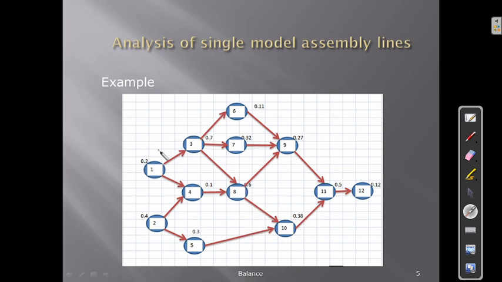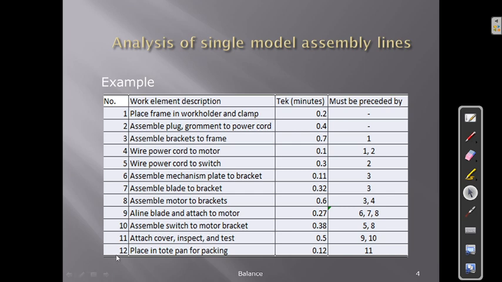Likewise we draw the diagram. Then finally we have work element 12, which has only one predecessor, which is 11.